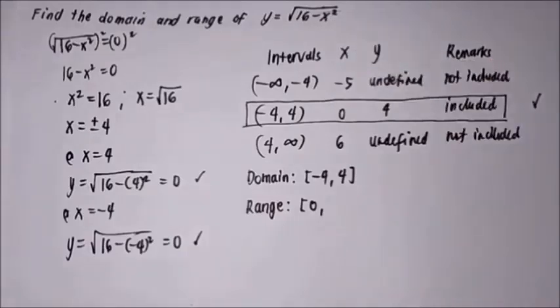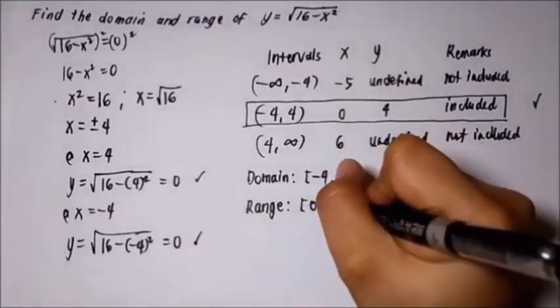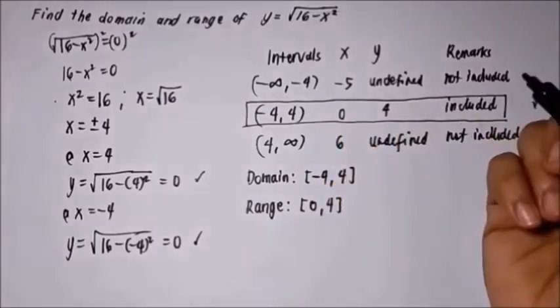So we have 16 and then negative 3 squared. That would be a value of square root of 7, which is 2.65. If we use 0, then that would be 16. Square root of 16, that would be 4. So the range now would be from 0 to 4.